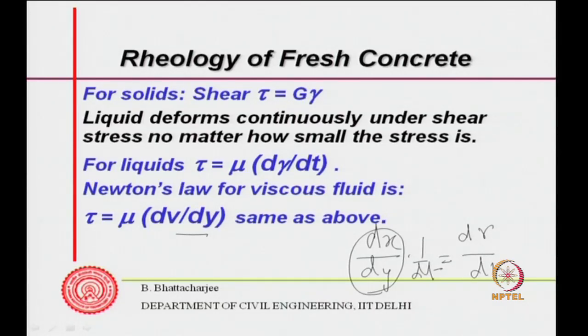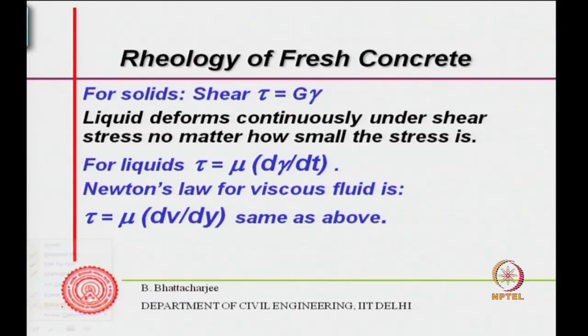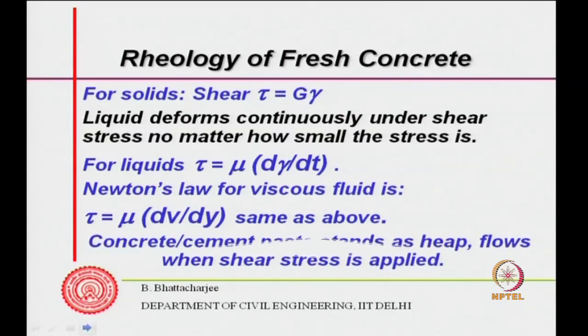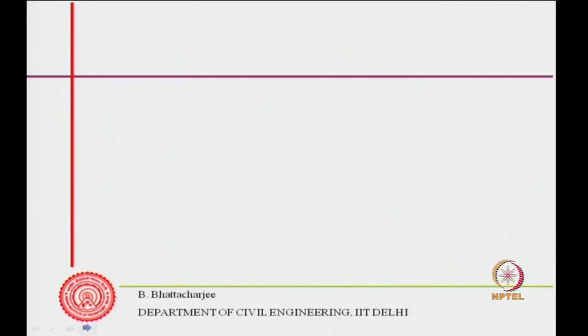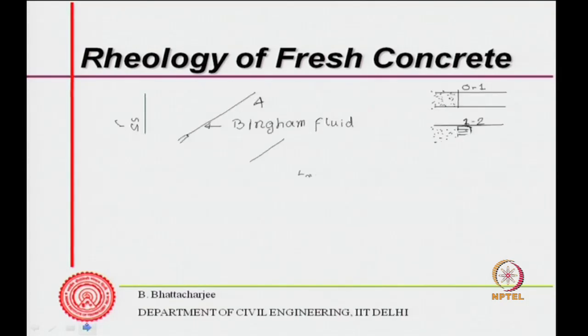So, mu, viscosity, is the property, but in case of plastics all this will happen only after a certain point of load application. In other words, after a certain stress has been applied. So, it flows when shear stress is applied. Up to a certain shear stress it does not move, but beyond that it starts moving.